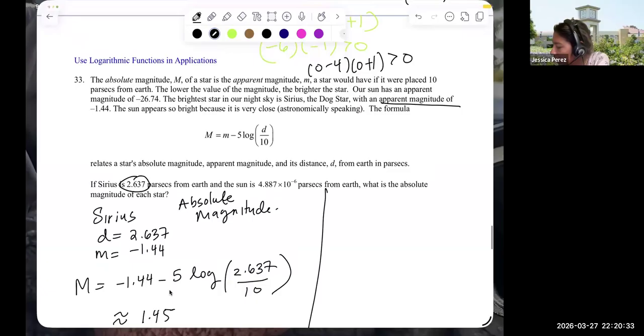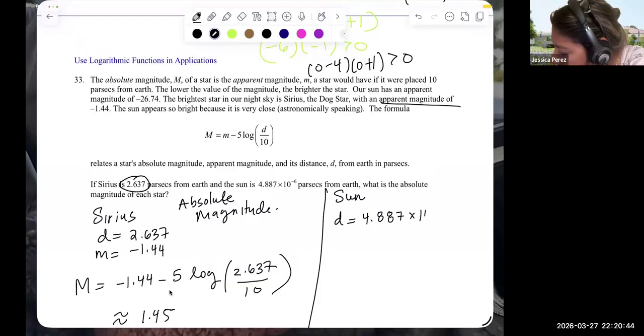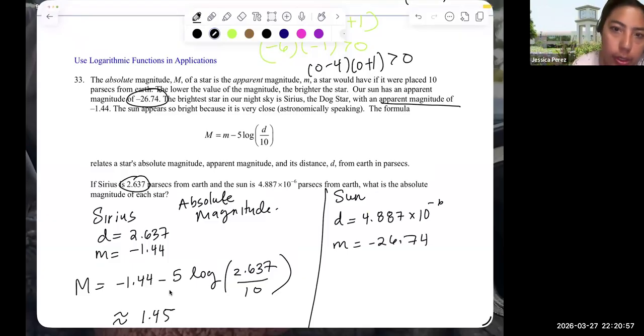Now, if I'm looking at the sun, the distance that I'm given is 4.887 times 10 to the -6. And then little m is -26.74, what's given in the question.